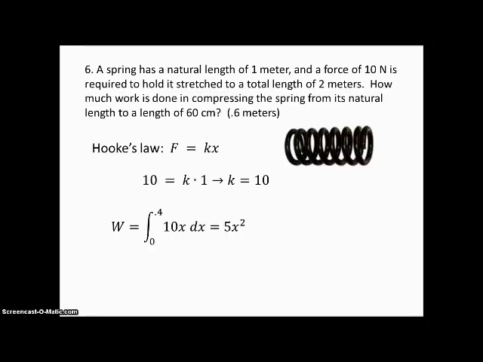The part we've pushed in is 40 centimeters, or 0.4 meters. So that's the reason we're going 0 to 0.4. And so we're going to integrate the force to get the work, 10x dx, and that's an easy integral. So that's 5x squared for the antiderivative, evaluated from 0 to 0.4, and we get 0.8 what? Newton meters, which are known as joules. Okay, so there you have an example.